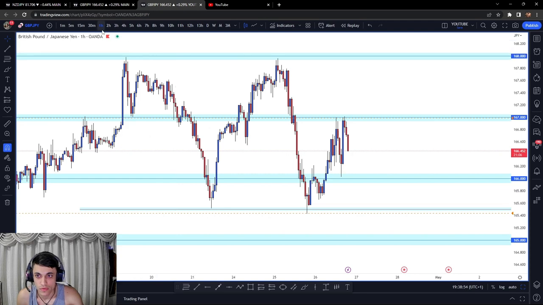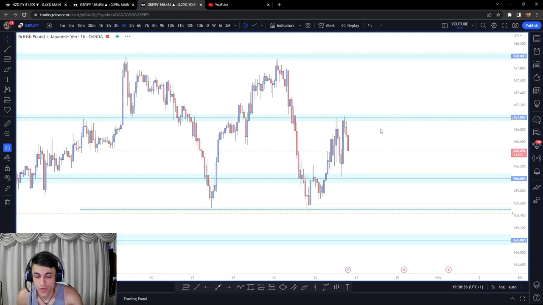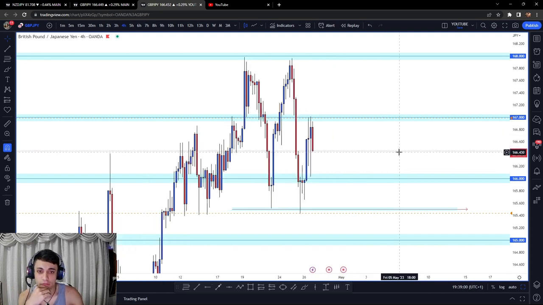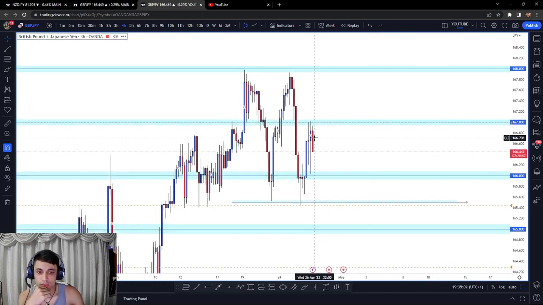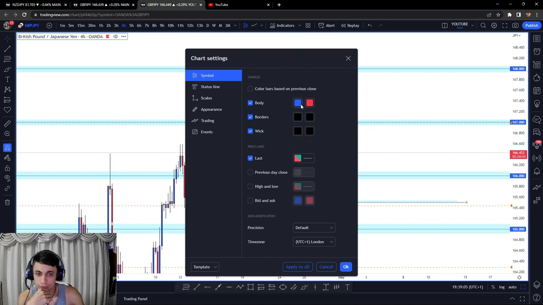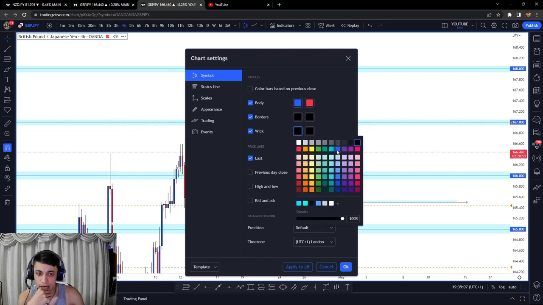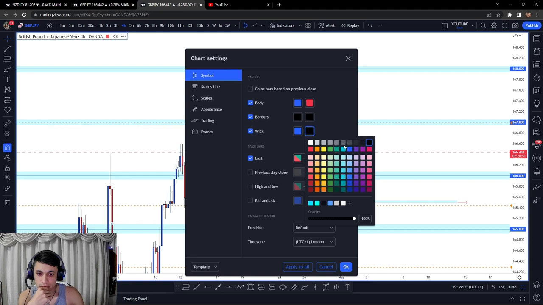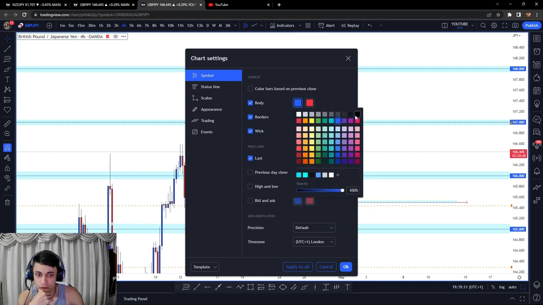I'll show you. The first thing you need to do is go on the 4-hour time frame. We're going to start on the higher time frame, of course. What I want you to do is double click on your chart, and then color code your wicks to blue and your candles to black.